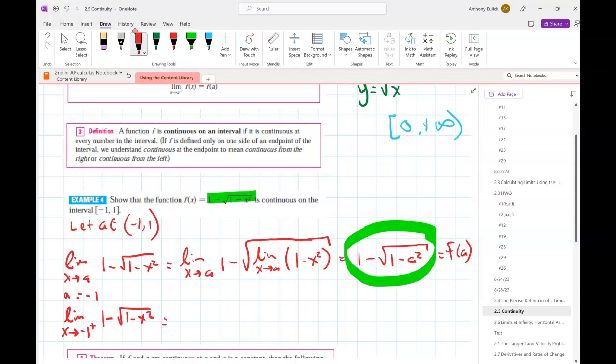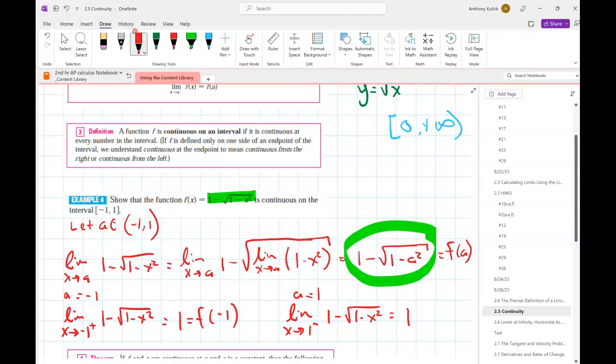So if I do that, what am I going to get? 1, which is the same thing as f of -1. And if we look at A equals 1, what do I get here?